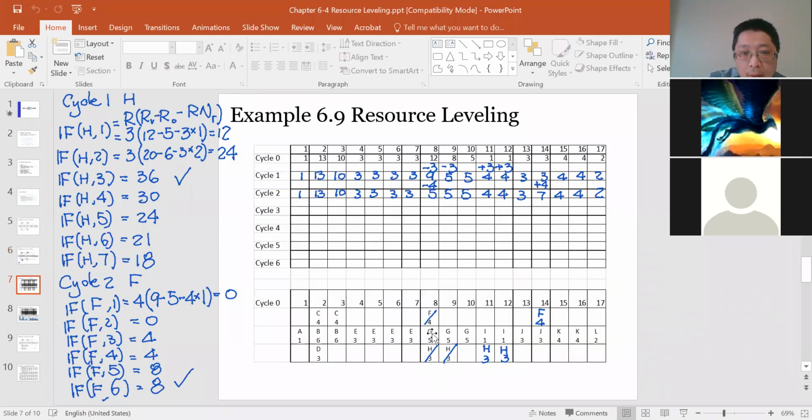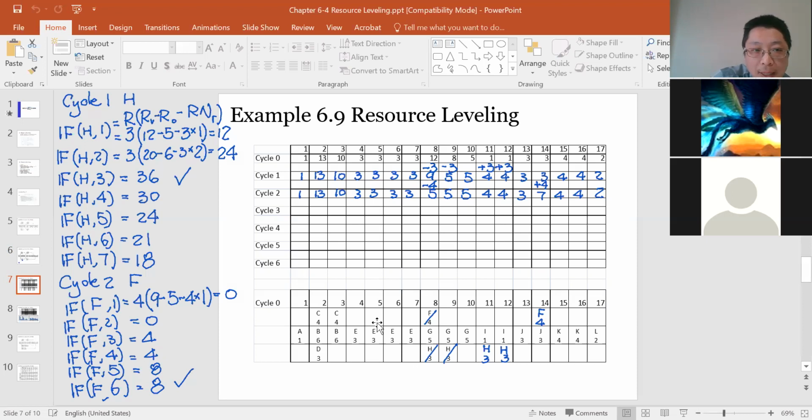That means for both C and D, I can shift to before day 8. So which one should I handle first? The two late finishes are tied. Should I do C or should I do D?